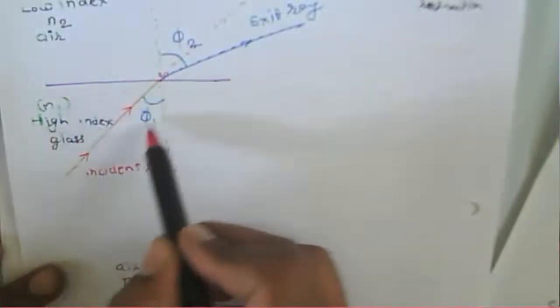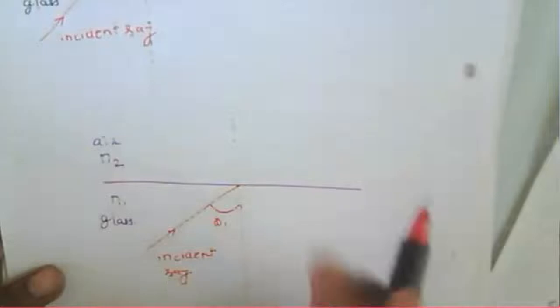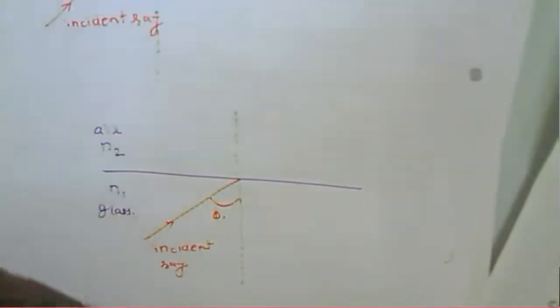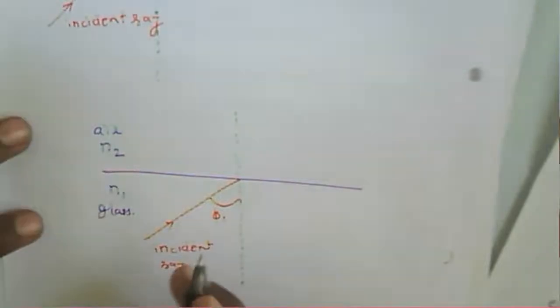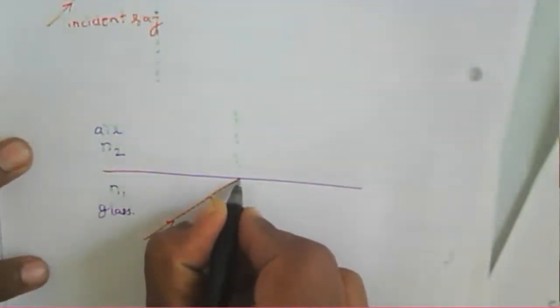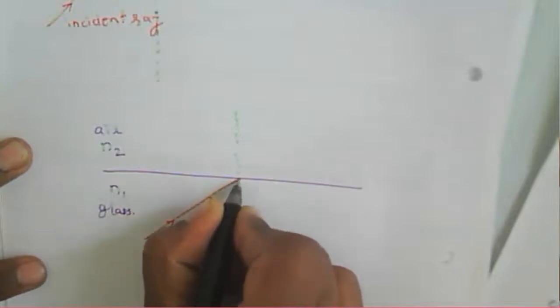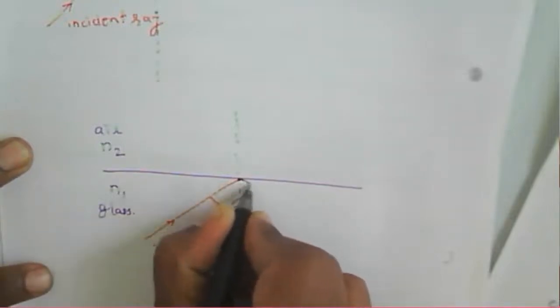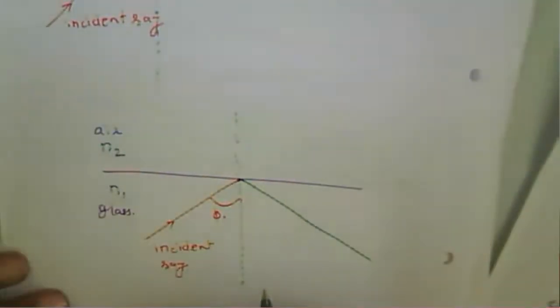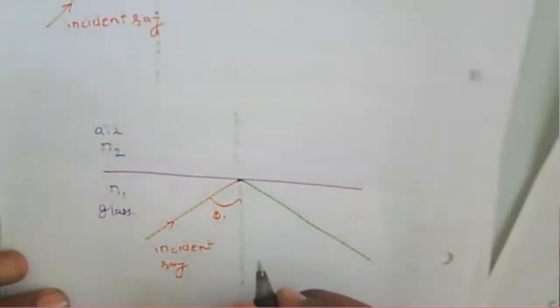If we increase the value of phi 1, then at some particular point your light will propagate back. Your signal will propagate back this way. It will be reflected back.